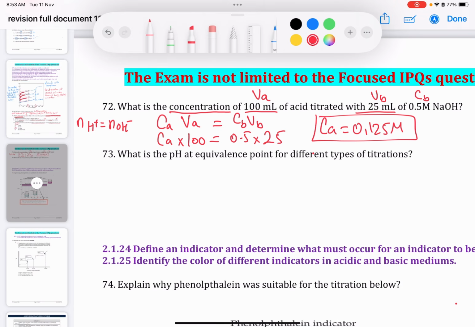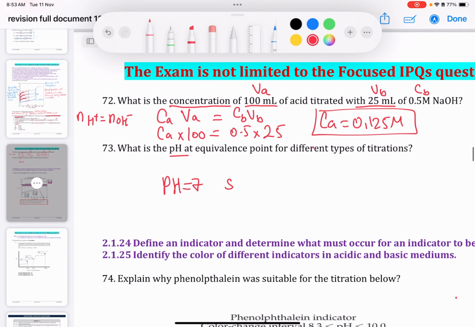Now, for different types of titration, what would be the pH? Let me start with pH equals 7. When I have a titration of a strong acid with a strong base, and vice versa, by the way, strong base with strong acid.